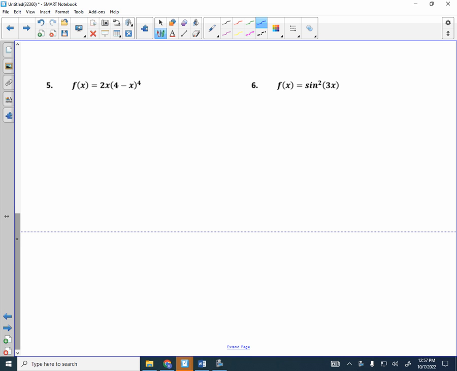Anybody want to guess what rule we use if we have 2x times the quantity 4 minus x to the 4th power? You do use the product rule. And so I'm going to call this f, and I'm going to call this g.